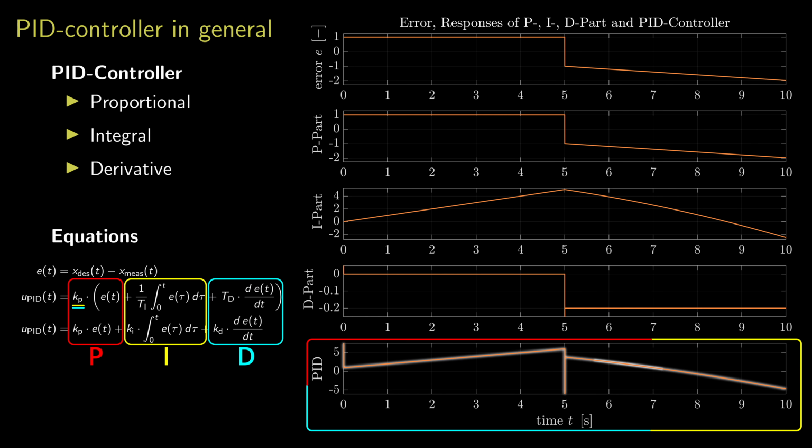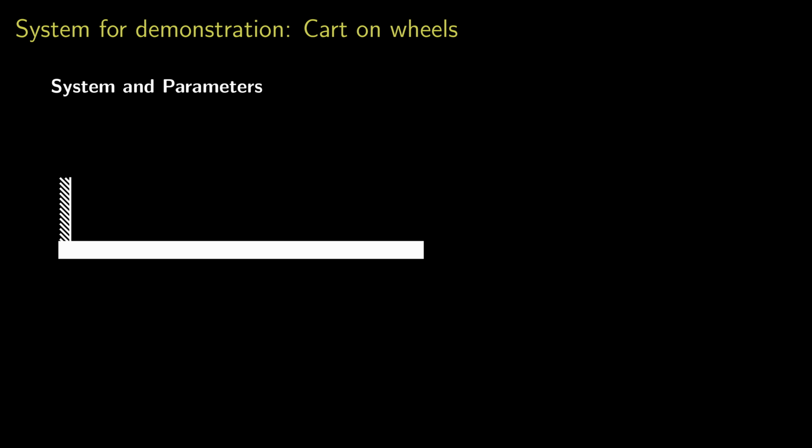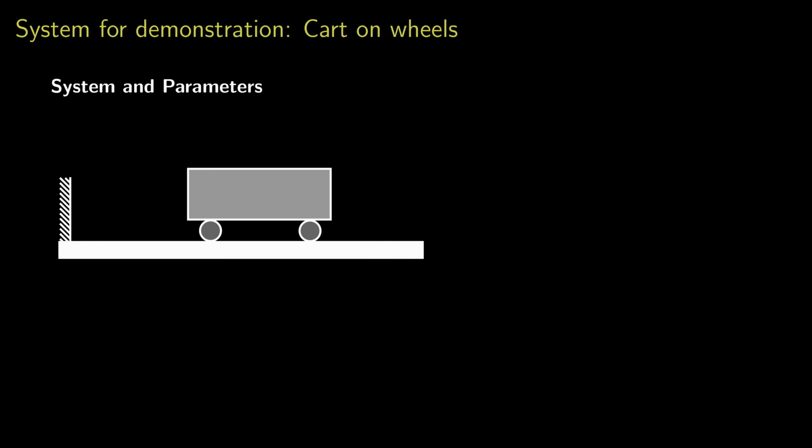We now know how to calculate the response of our PID controller to a known error. But the real question is what each of the parts actually does, and we look at this next. To be able to see what each part does, we need a system, so that we can apply feedback to it. We take a simple example with this mass that is held back by a spring and a damper, and we pull at the front with a force.